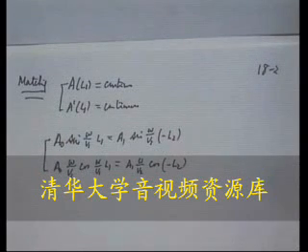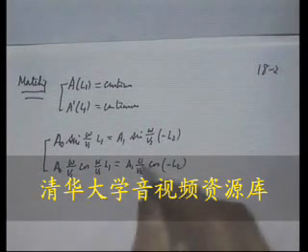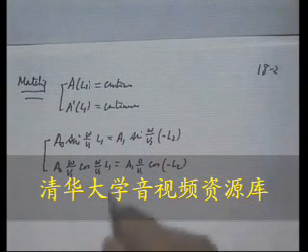Now let us divide these two equations so as to eliminate A0 and A1. And we can eliminate omega because we have omega on both sides.